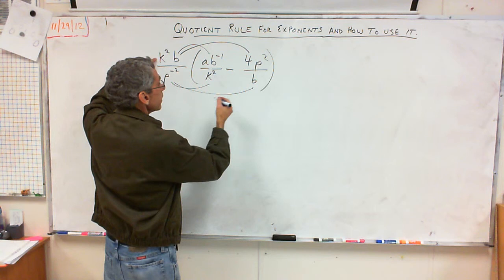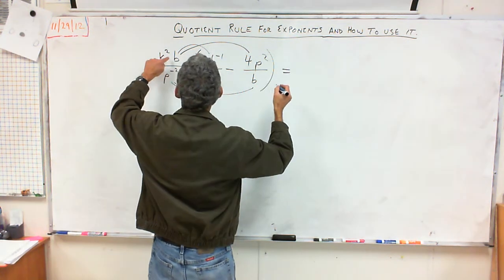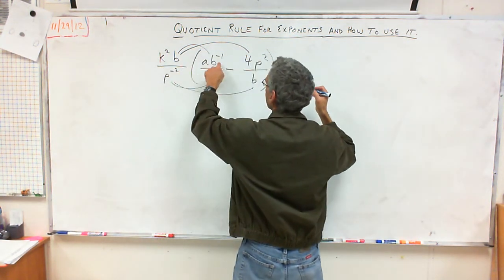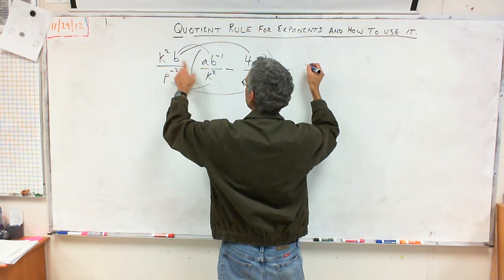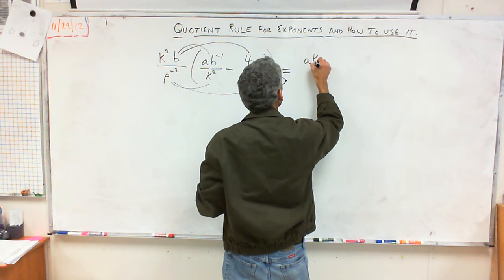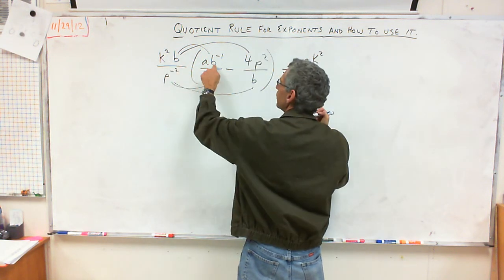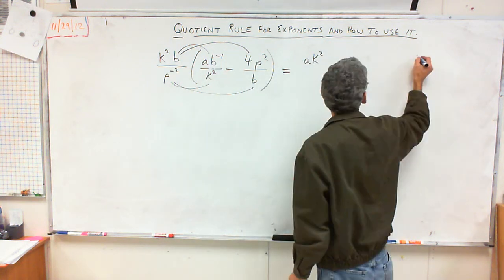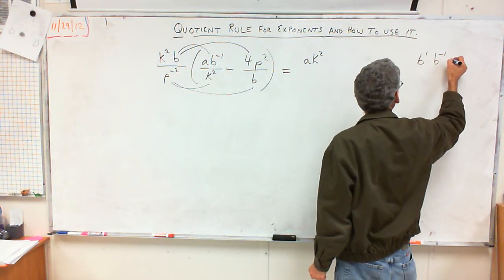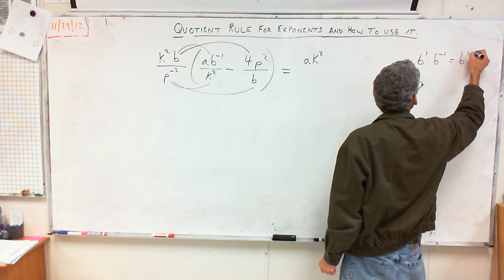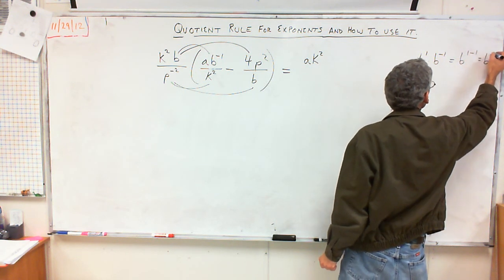So I'm going to say k squared b times a b to the minus 1. Well, I know there's going to be a k squared. Now what is b times b to the minus 1? b to the 1 times b to the negative 1 is equal to b to the 1 minus 1, which is b to the 0.